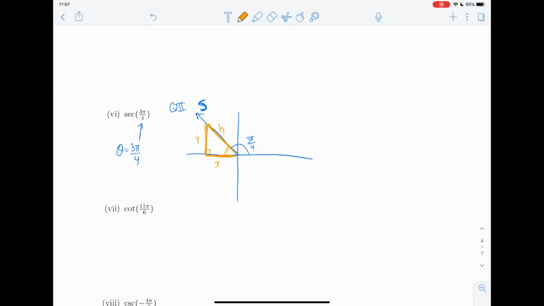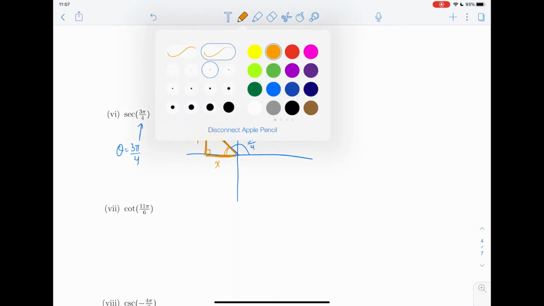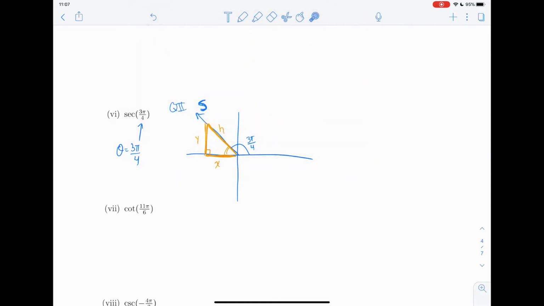Well, this is where you have to do a little bit of math in order to make this make sense. Notice that this angle is 3 pi over 4, but remember that a straight angle is the full half turn. The full half turn is 180, otherwise known as pi. So if I call this angle in here alpha, we might observe over here that alpha plus 3 pi over 4 is of course pi.